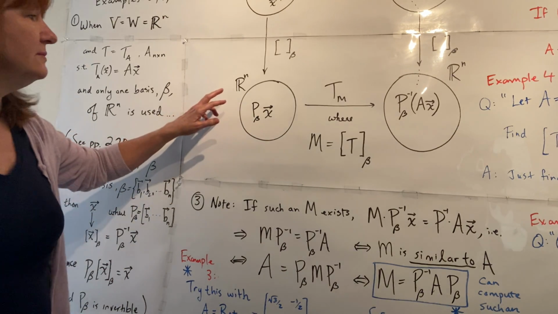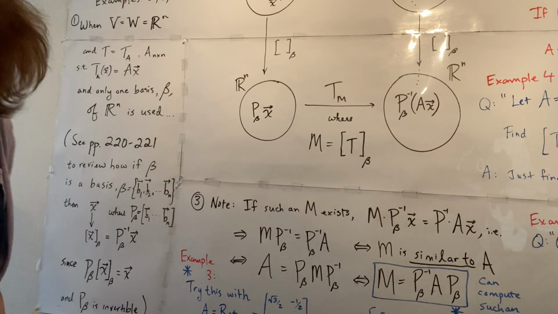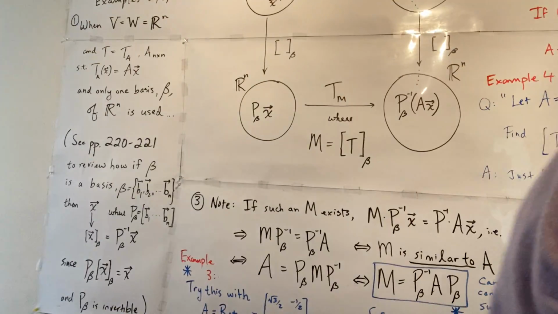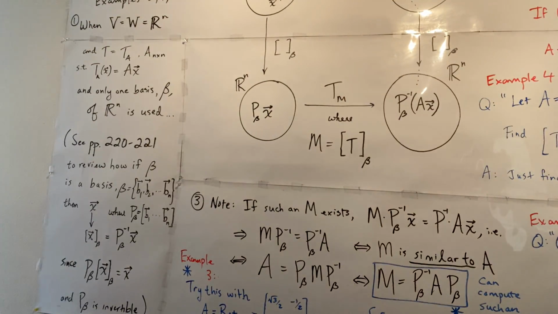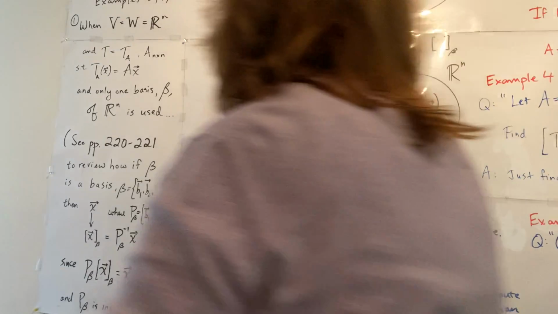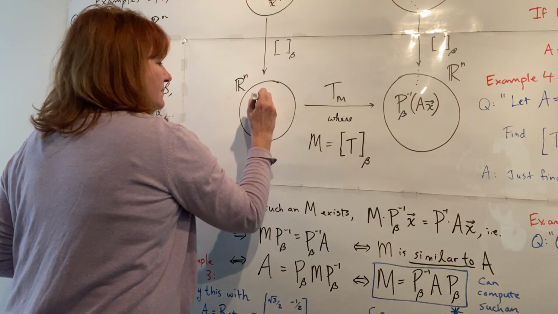So that's why we have an inverse right over here. I'm missing an inverse. Let's see, where did I put that marker? Here you are. So right here, that should be an inverse there.